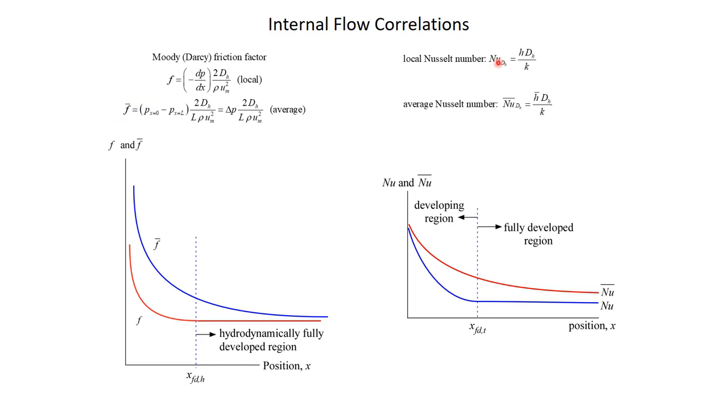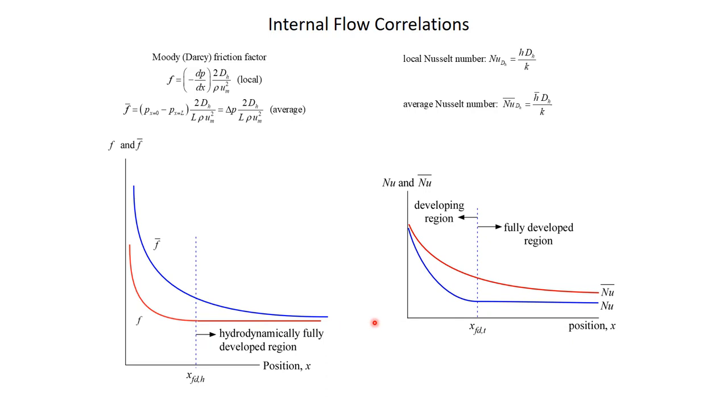If we're interested in the heat transfer coefficient, then we'll be looking up correlations for either the local Nusselt number, which gives us the local heat transfer coefficient, or the average Nusselt number, which gives us the average heat transfer coefficient. And we have some idea now how these things behave, in terms of when the flow becomes fully developed.